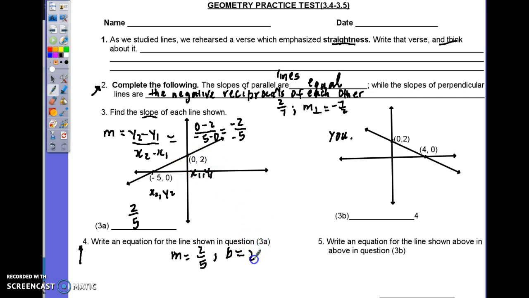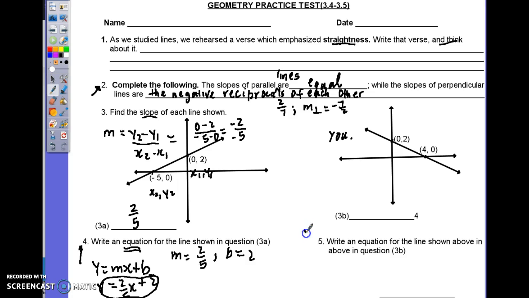When it says equation, you always want to use y equals mx plus b, unless they specify another equation. But this is the one we've been studying. So our answer here is going to be y equals 2 over 5 x, sorry, that's an m, and then x stays as is and b is 2. So this would be the required equation.